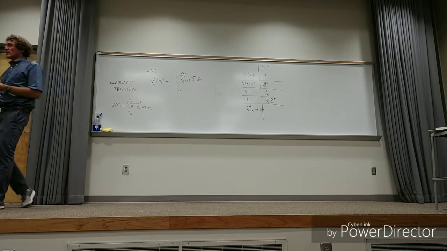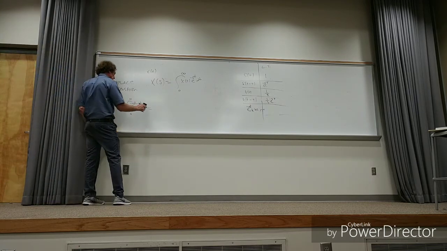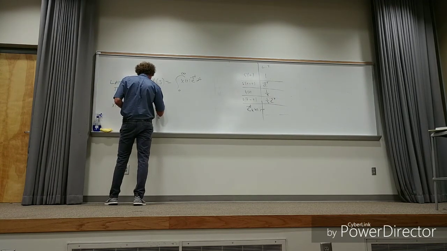Now, how do you do that integration typically? If you have e to the a times e to the b, isn't that e to the a plus b? You agree with that, class? So I'm going to group the exponential terms together, and I can say this is really going to be the integral from 0 to infinity here of e to the minus quantity a plus s t dt.